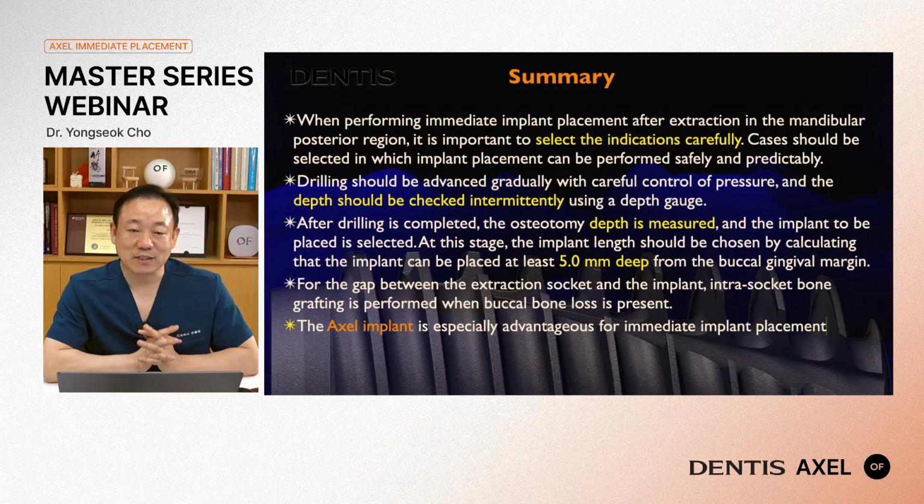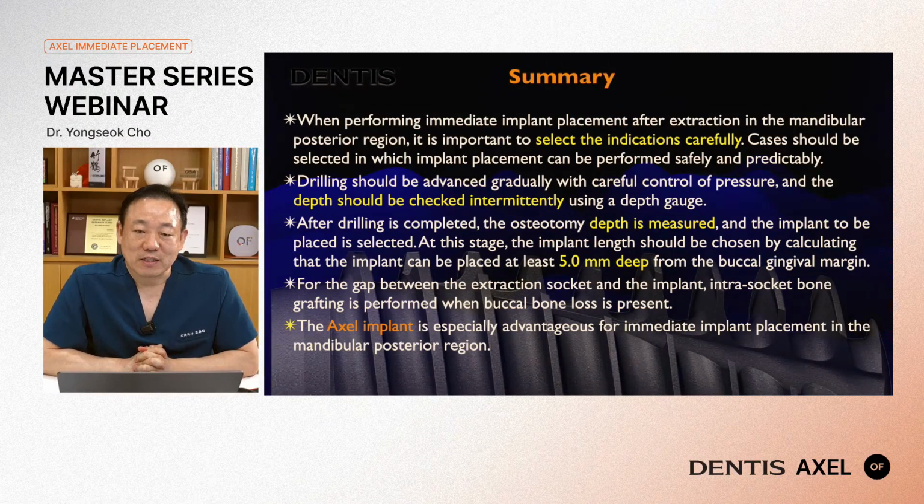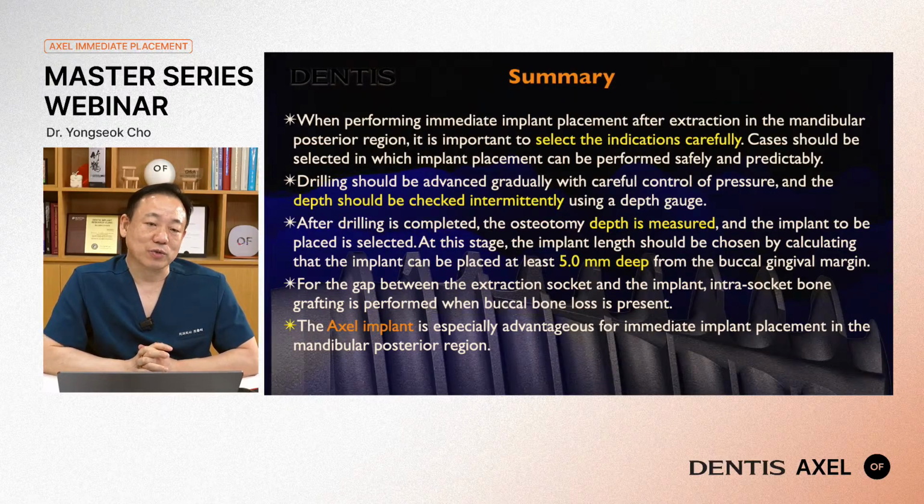Okay, last, the XL implant is especially advantageous for immediate implant placement in the mandibular posterior region. Not only mandibular posterior region, XL implant is really good for immediate implant at any site. I can show you further discussion in the following webinars.